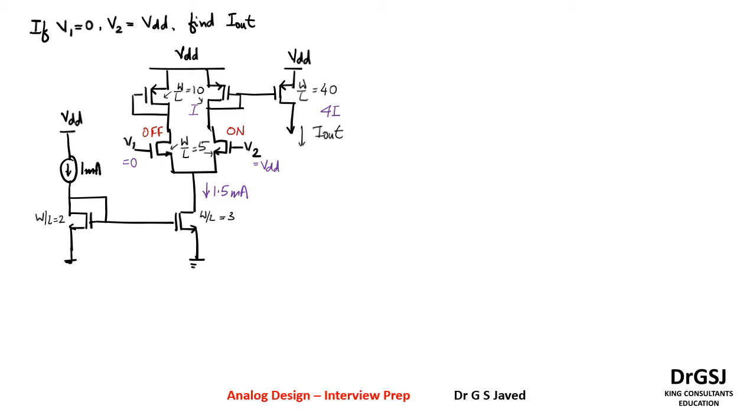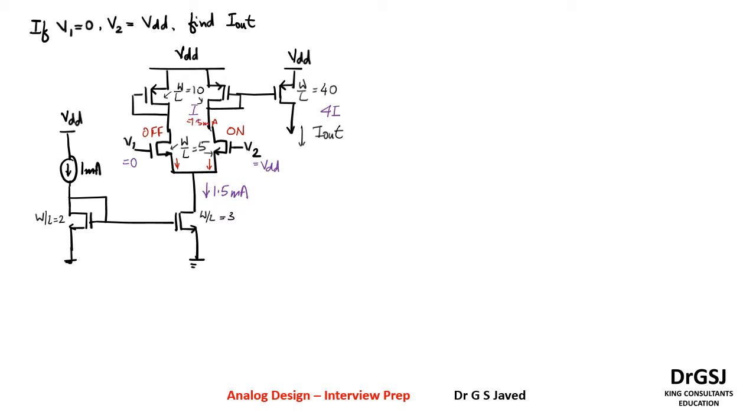Since the current in this leg is low, the entire 1.5 milliampere current flows through the right side leg here, and this 1.5 milliampere is equal to I. So the current I through the transistor here is equal to 1.5 milliampere.